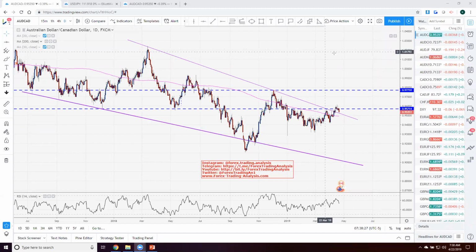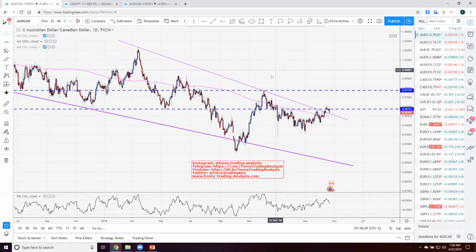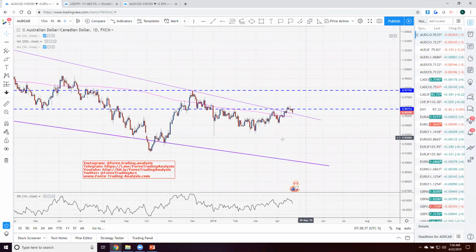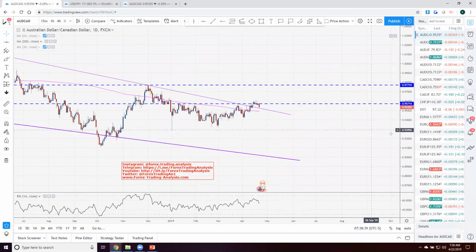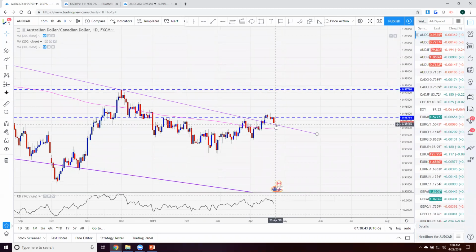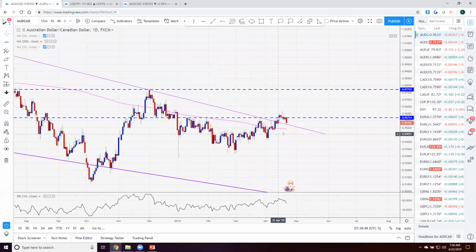Aussie CAD, as you can see here, descending trend. We've got a trend line shown here on this consolidation triangle channel, what have you. Currently have pulled back to the trend line where we sit right now. So we'll be continuing to watch that.